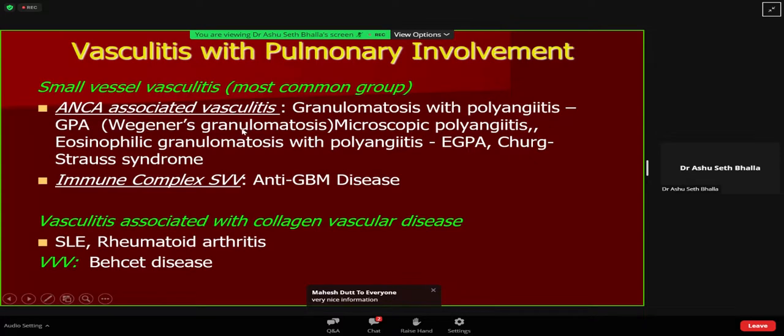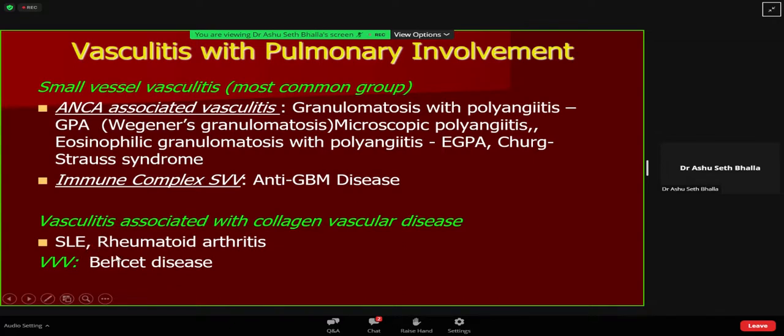And in ANCA associated, we have GPA, earlier called Wegener's, we have MPA, microscopic polyangiitis, and we have EGPA, earlier called Churg-Strauss. So 3 main entities in ANCA associated vasculitis and 1 main entity in immune complex SVV, which is anti-GBM disease, earlier known as Goodpasture.